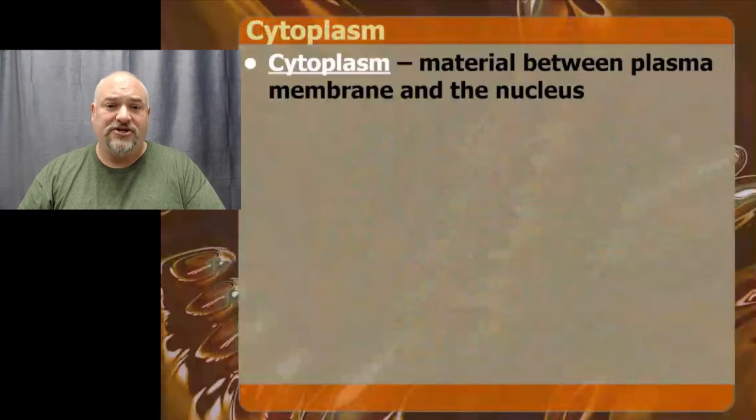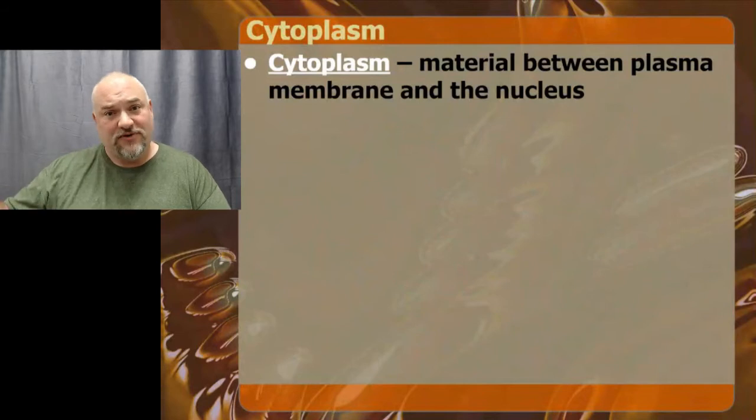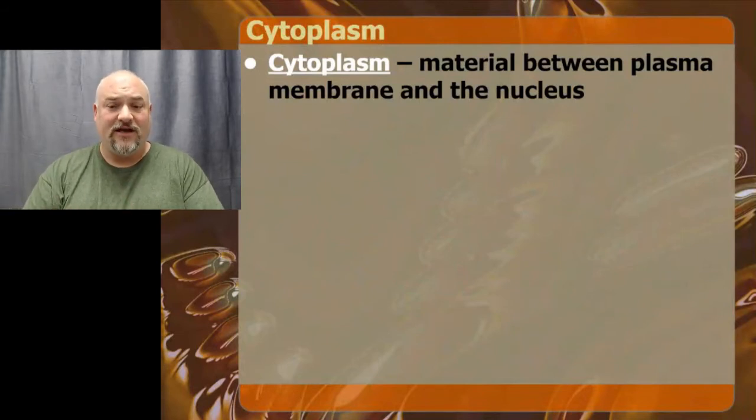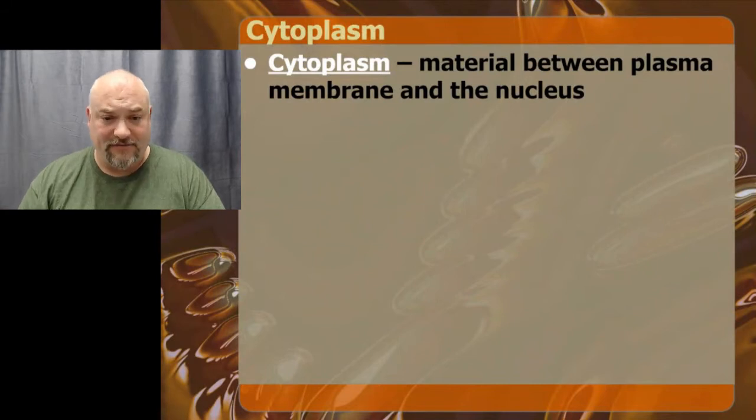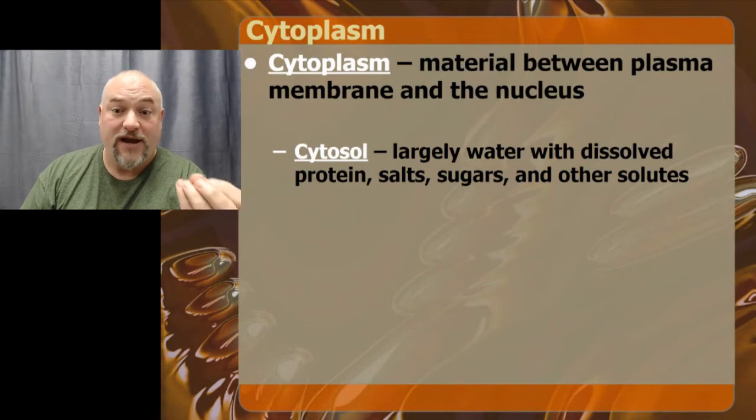All right. The cytoplasm. Now, in biology, you might have thought the cytoplasm was all of the liquidy stuff in the cell. We simplified it a little bit there, but the cytoplasm really is technically all the material between the plasma or cell membrane and the nucleus itself. So that includes all the stuff floating around in there, the organelles and everything. The cytosol is what is the watery component. So it's water with dissolved protein, salt, sugar, and other solutes in it.